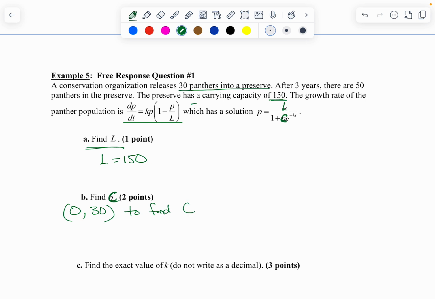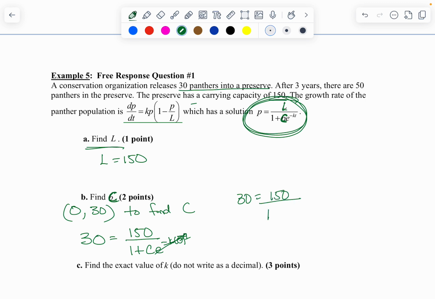So I'm going to use that to find C, using the general solution here. So 30 equals L, which is 150, over 1 plus C E to the negative K times 0. So obviously this turns into 0, this turns into 1. So we've got 30 equals 150 over 1 plus C.